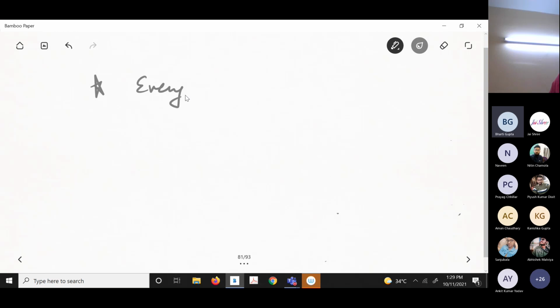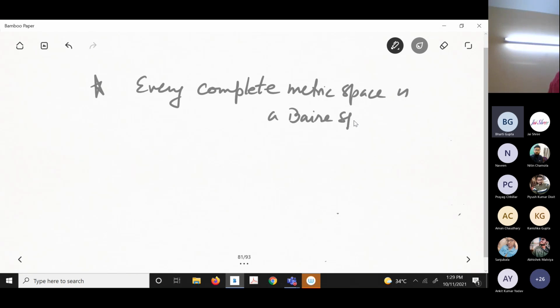Every complete metric space is a Baire space. This is a big result. Okay. And in order to prove this, actually we use B. And why use B? Here you use Cantor's intersection theorem.